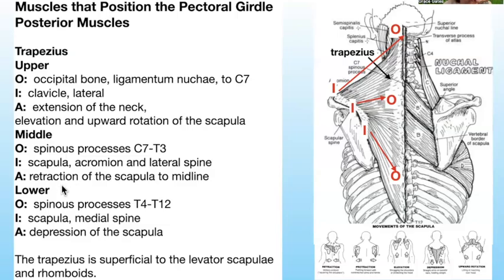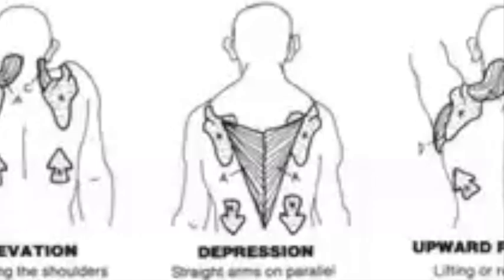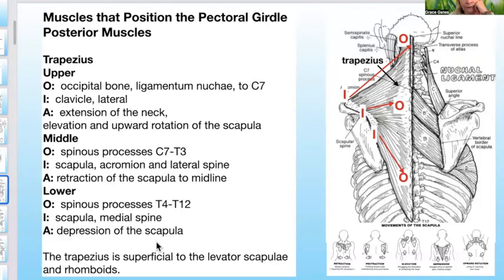The lower trapezius has an origin on the spinous processes of T4 to T12 and inserts on the medial spine of the scapula. The action is depression of the scapula. And that, of course, is pulling the scapula downward. The trapezius is superficial to the levator scapula and the rhomboid, which we will discuss next.